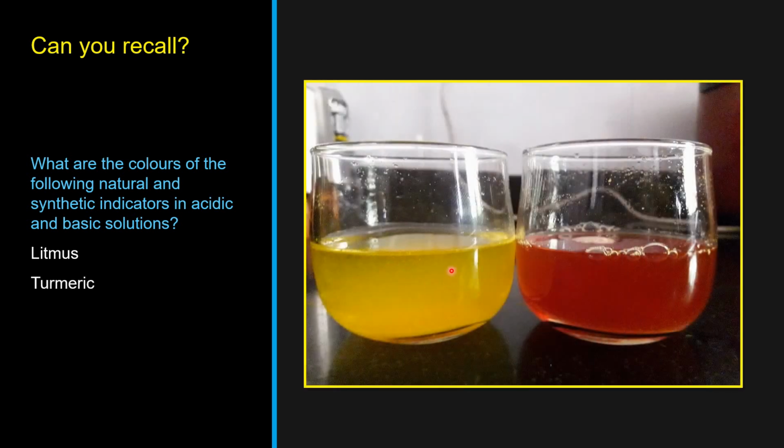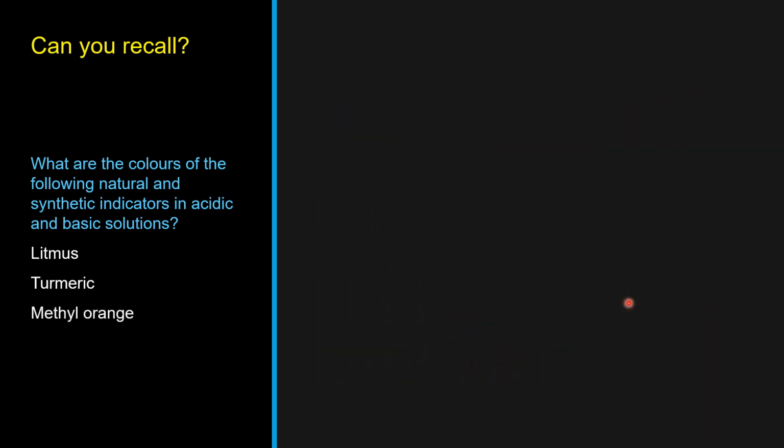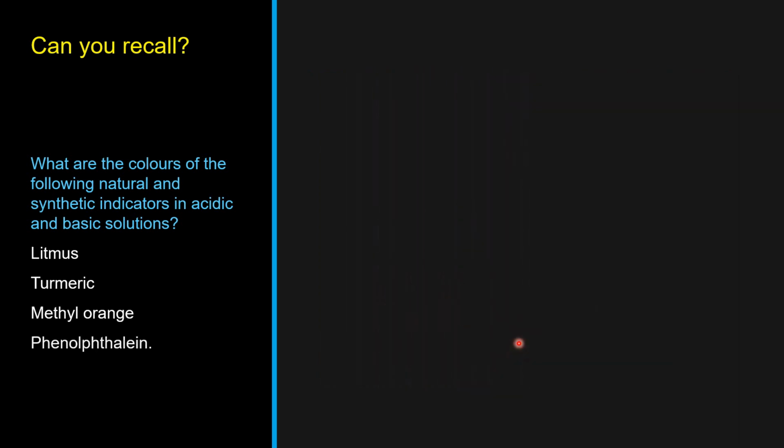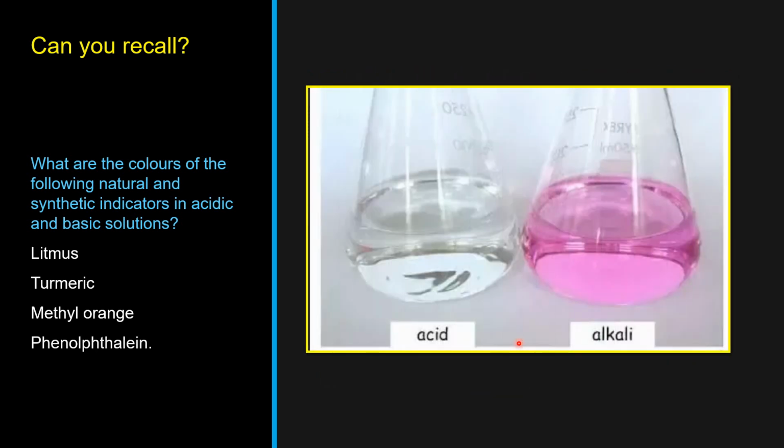Turmeric does not change color with acid, but it changes to bright red color with base. Methyl orange with acid gives a red color, and with a base it gives a yellow color. Remember phenolphthalein? With acid it does not give a color change, whereas with the base it gives a nice pink color.